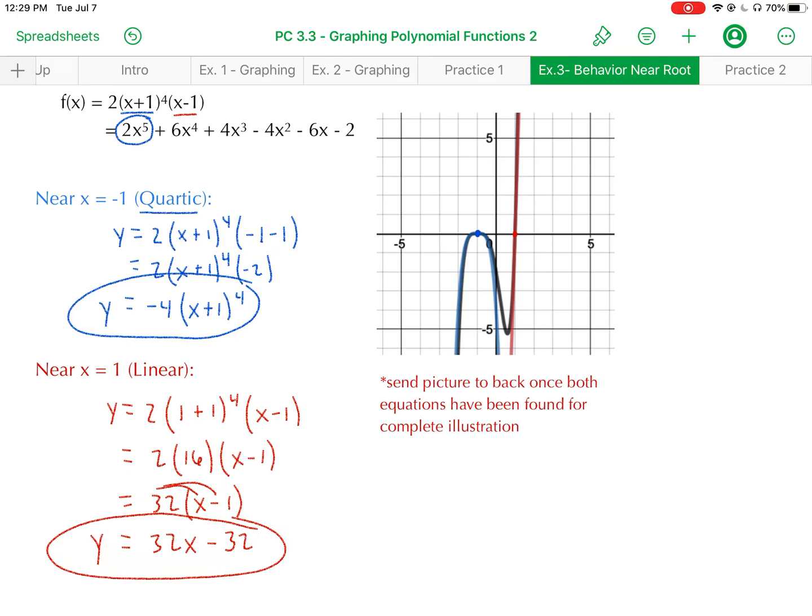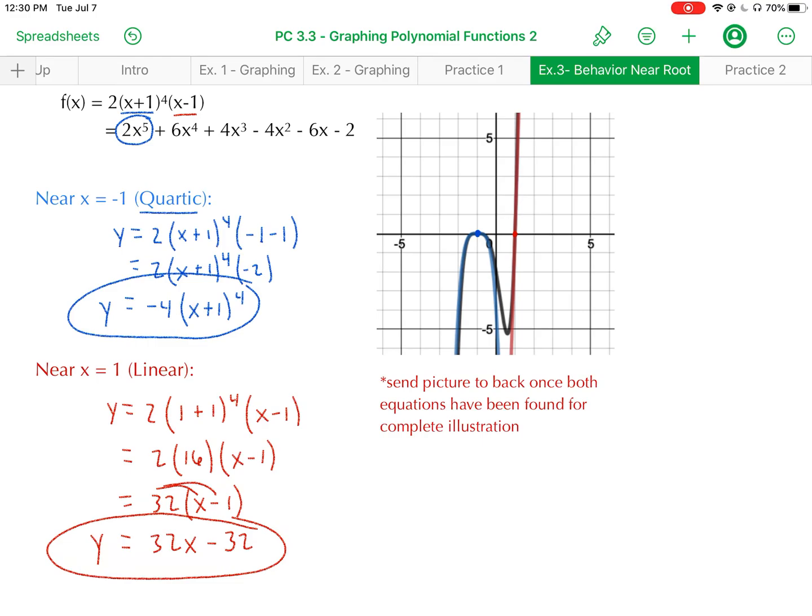Okay, now notice the blue curve, that's the curve y equals -4 times x plus 1 to the fourth. See how that curve pretty well matches the behavior of the black curve for f of x near x equals -1. And then notice we have the red line that matches y equals 32x minus 32, which is pretty similar to the behavior of f of x near x equals 1.